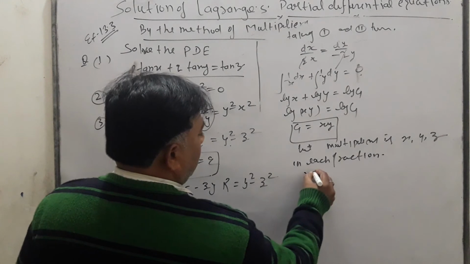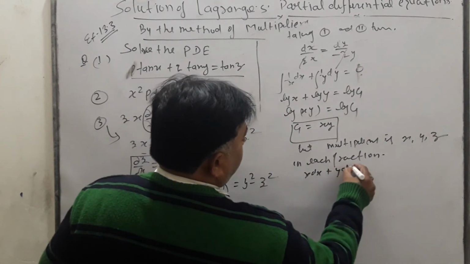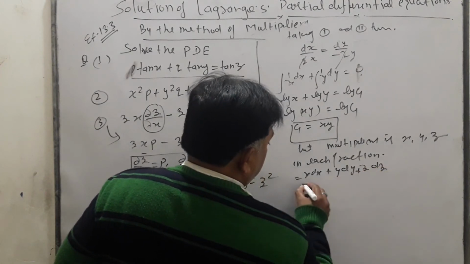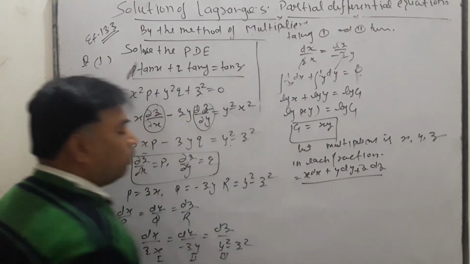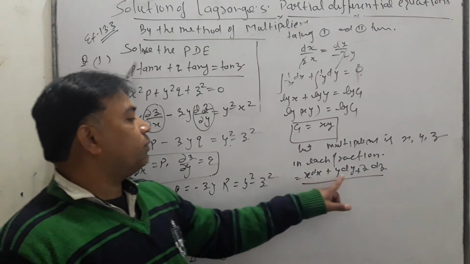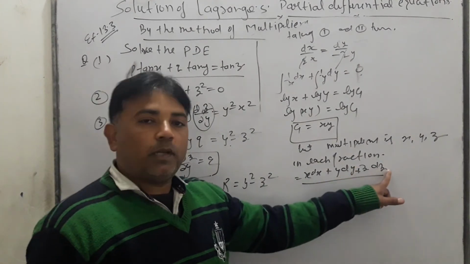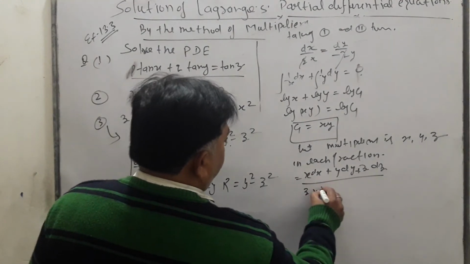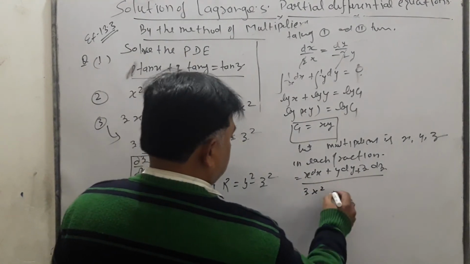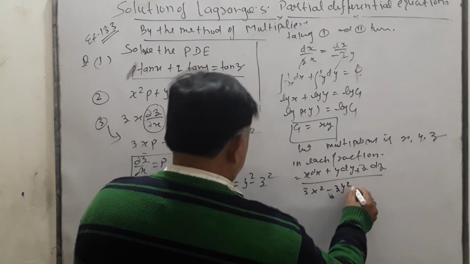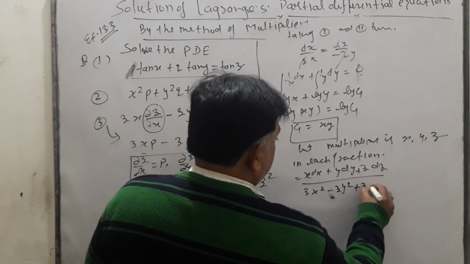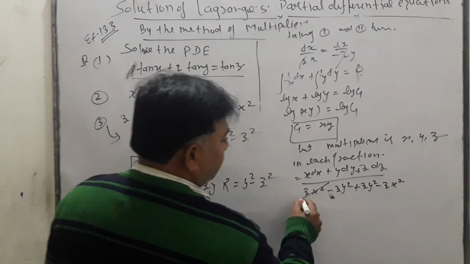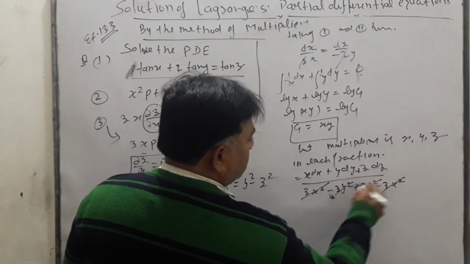So x dx, y dy and z dz. The same procedure applies in the denominator: x multiplied by zx, y multiplied by -zy and z multiplied by y² - z². Multiplying this, zx² - zy² + zy² - zx², you see that plus and minus cancel out.